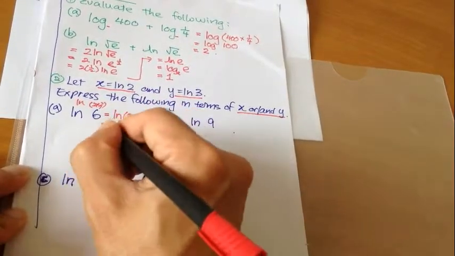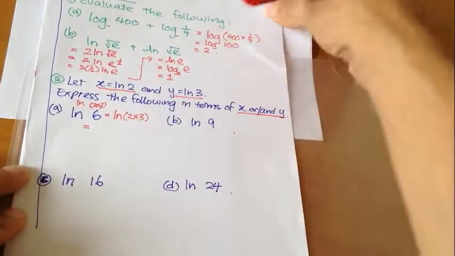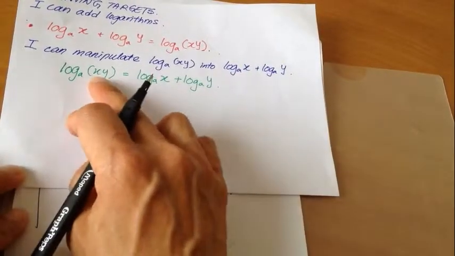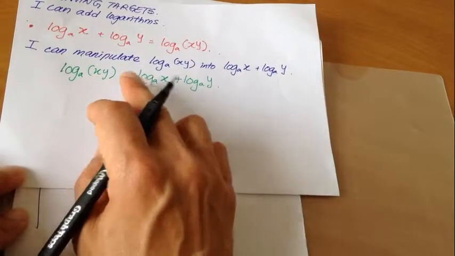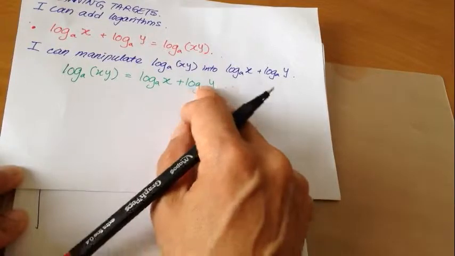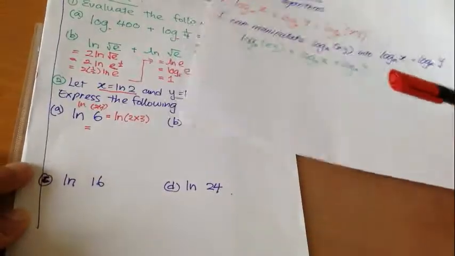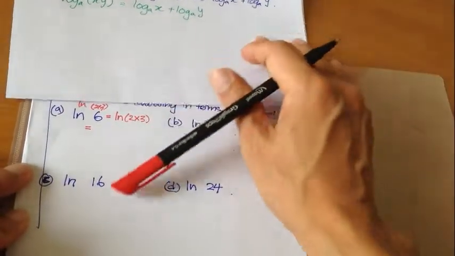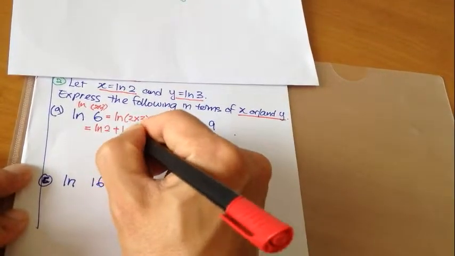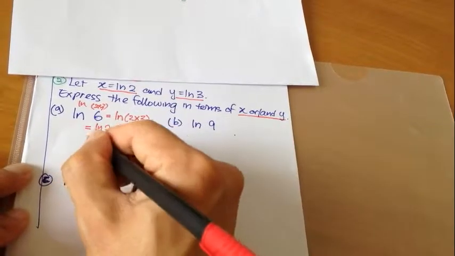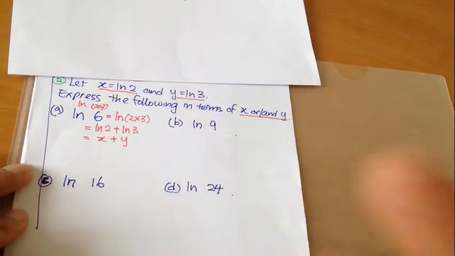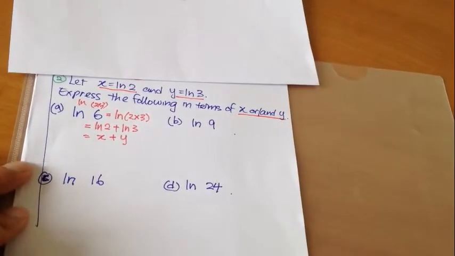Because this is a product of two factors, using this particular property, the product of two factors can be written as the addition of two logarithms. Therefore, this can be written as ln2 plus ln3. So ln2 itself is x, ln3 is y, so the answer is just x plus y.